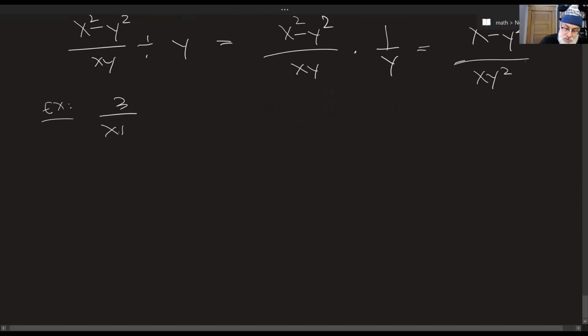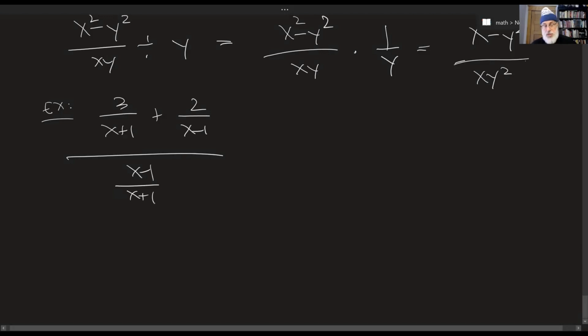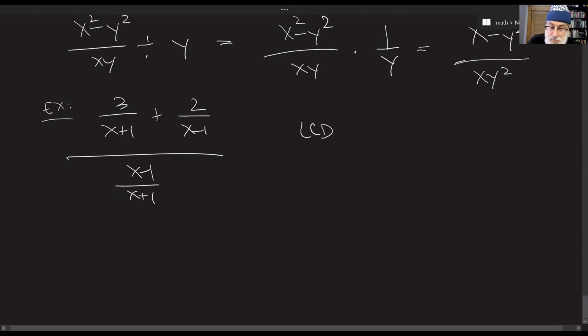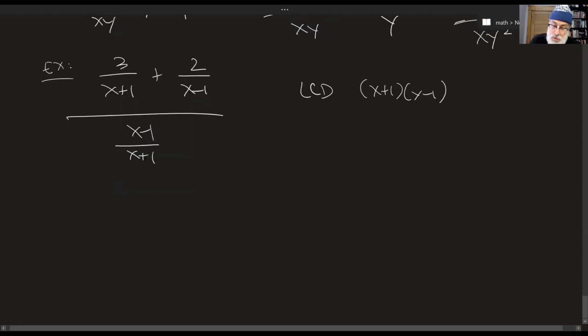Three divided by x plus 1, plus 2 divided by x minus 1, all divided by x minus 1 times x plus 1. Pretty ugly, but same process. We're going to add the top. The least common denominator, if we're adding the top, is x plus 1 times x minus 1. So let's just look at the top here, and then we'll add the denominator after.